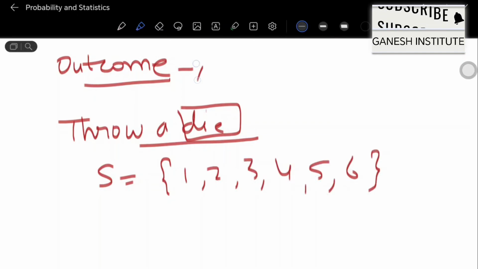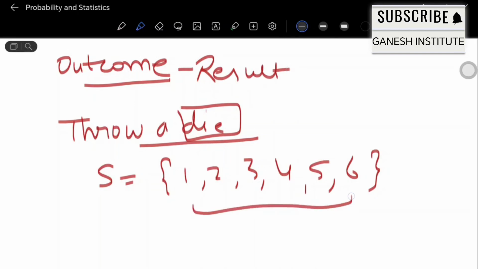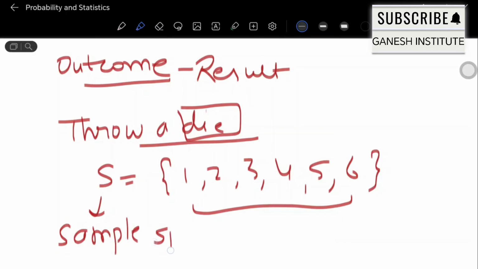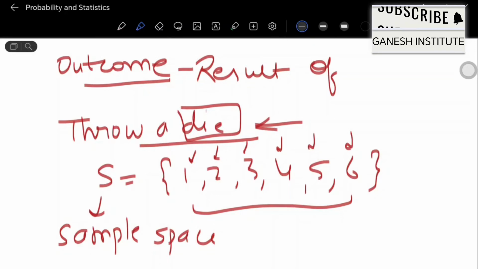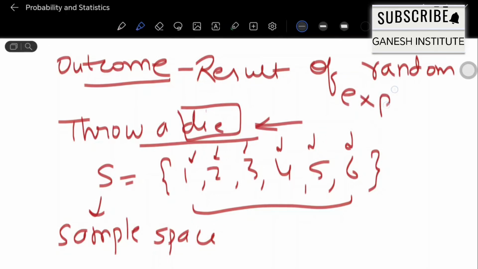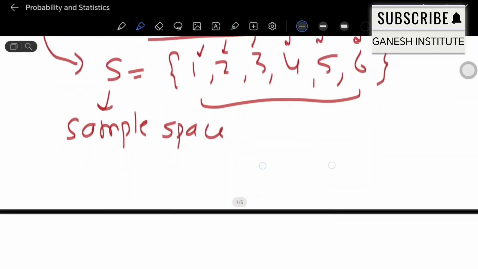So these are the results of all possible outcomes, and hence it is a sample space. These are actually the result of that random experiment which we did, throwing a die. So the result of a random experiment is an outcome, and the list of all those outcomes is a sample space.